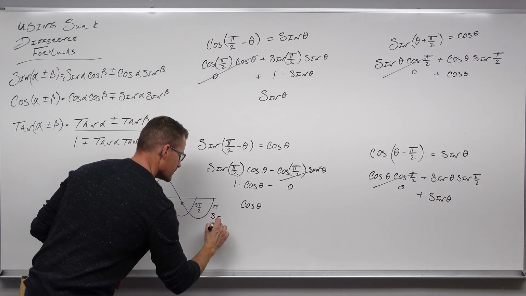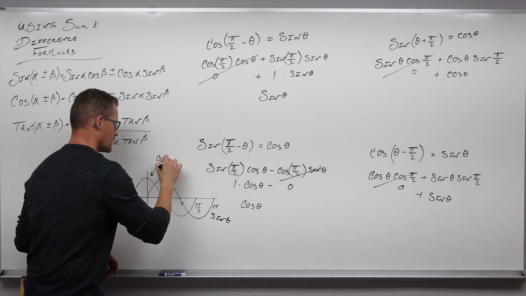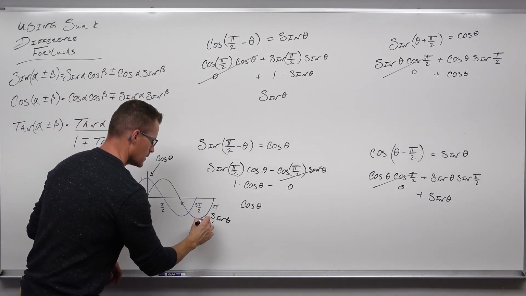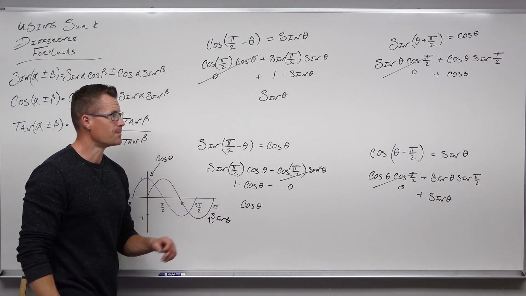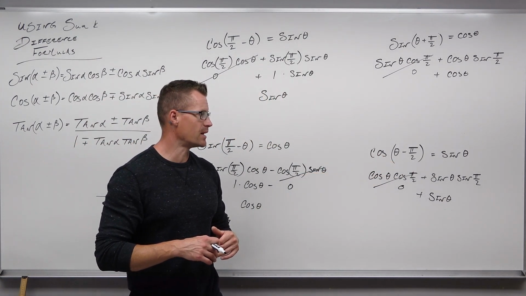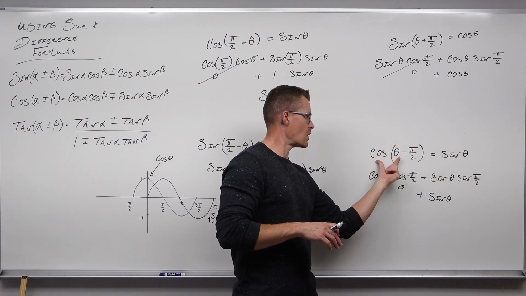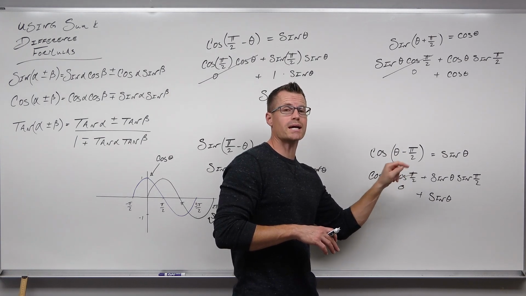This is sine and that's cosine. Now take a look at this one. It says cosine of theta minus pi over 2 equals sine theta. Here's what this says. Sine theta is if you take cosine and shift it right pi over 2.